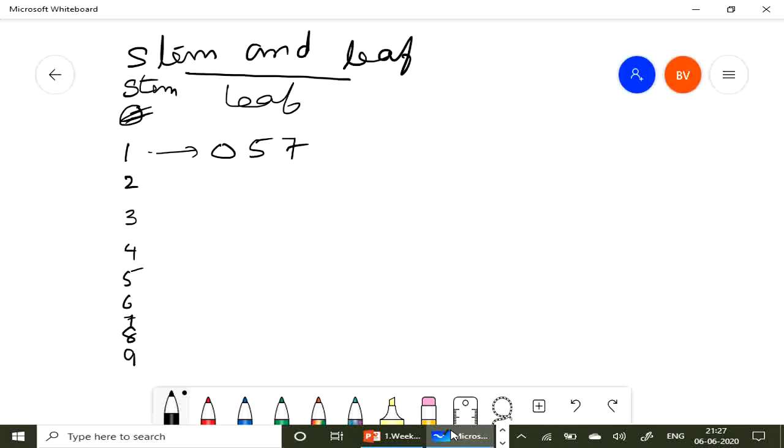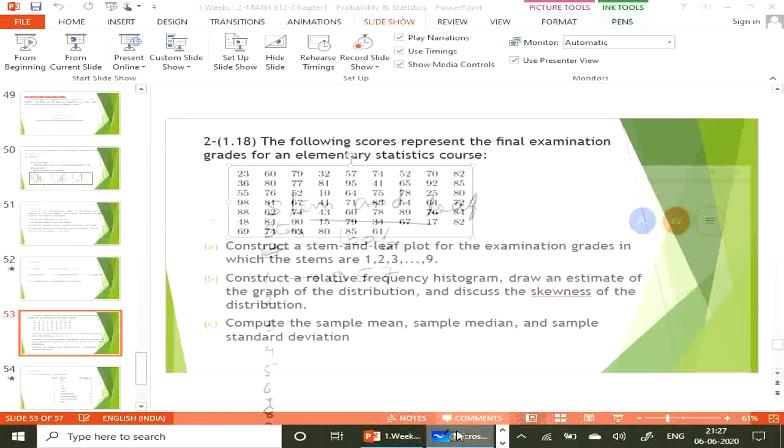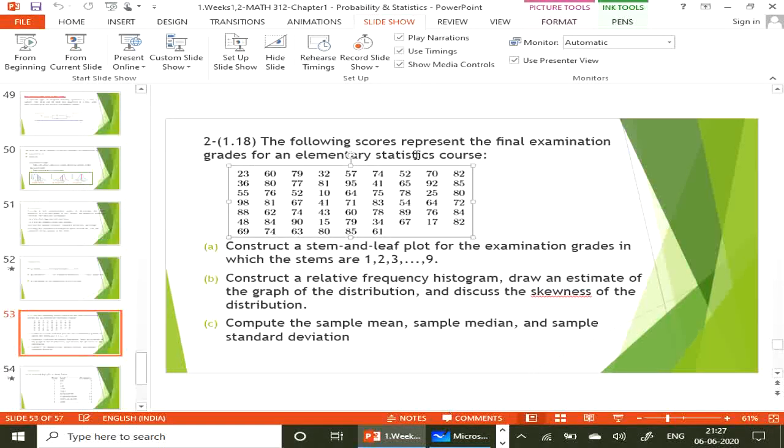There are 3 elements. Now between 20 and 30, starting with the 2, isn't it? Count. So in this way we have to count. This way. How many 20s? 23. Any 20 here? No. There is no 20 here. No. Let me check one more time.